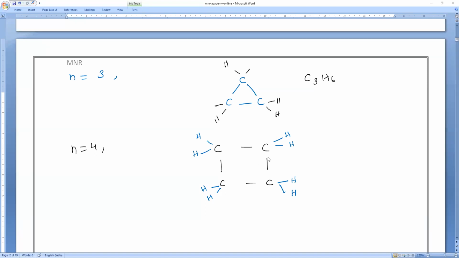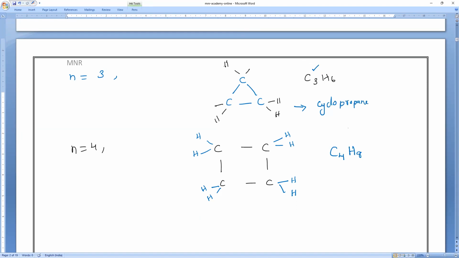So count the number of carbons. Number of carbons is 4. And number of hydrogens, count them. Number of hydrogens is 8. Okay. So now this is called a cyclic structure. It is called cyclo, and C equal to 3 means what do we call it, guys? Cyclopropane, which we used to call propane.